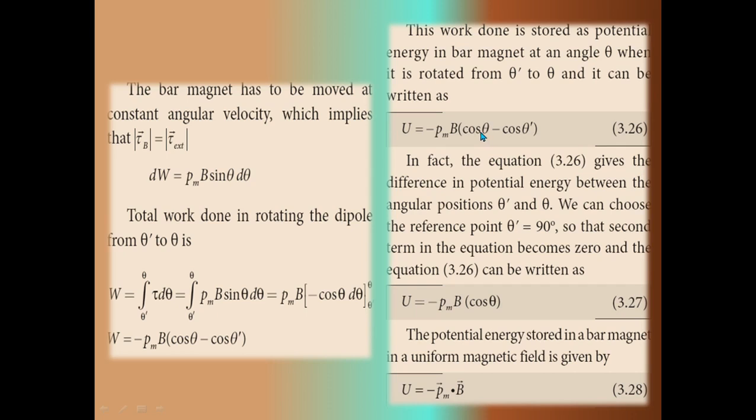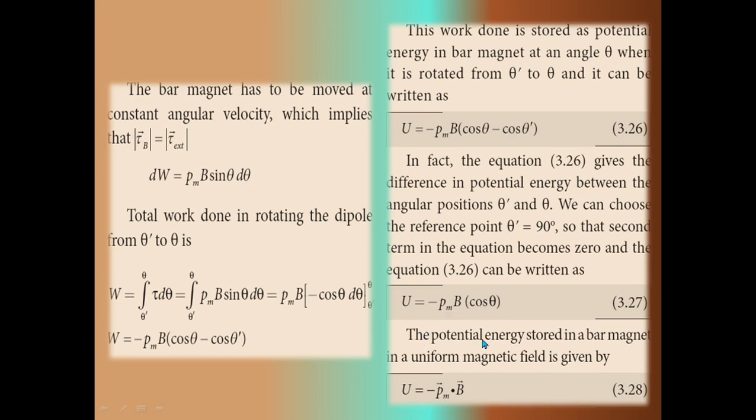So equation 3.26 can be written as U is equal to minus PM B cos theta.